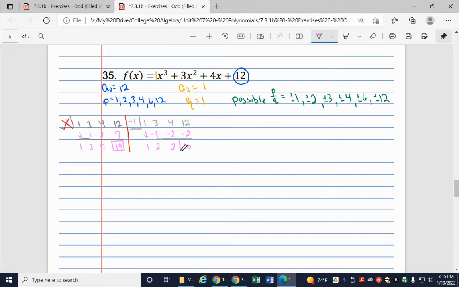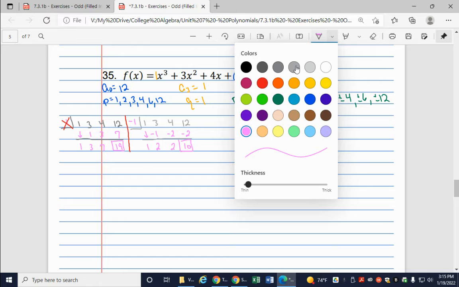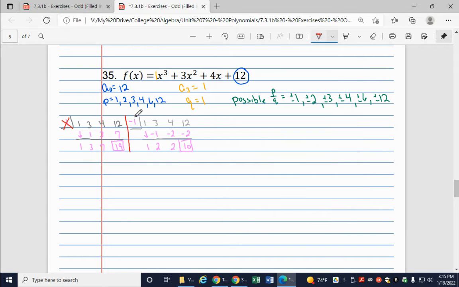So that becomes 10, which is still not 0. But we got closer by using the -1.